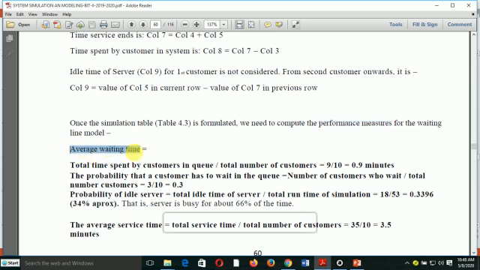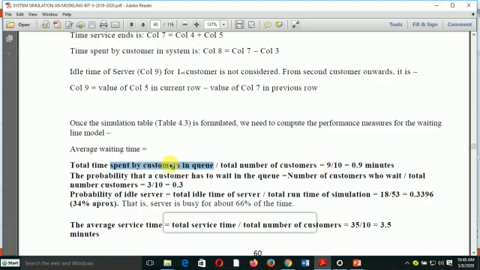The average waiting time is calculated using the total time spent by customers in the queue divided by the total number of customers.